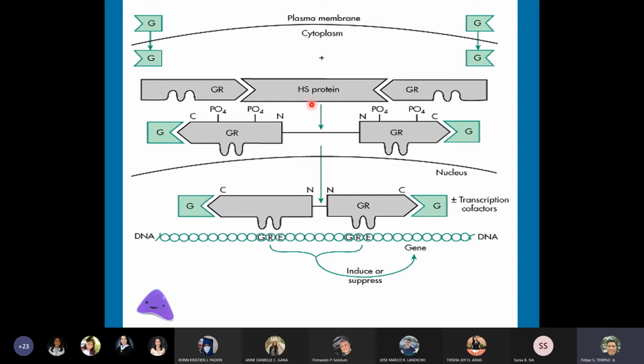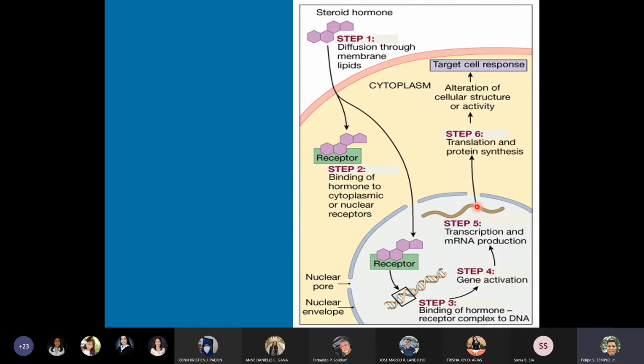So now we have your glucocorticoid and glucocorticoid receptor complex, and this complex will diffuse inside the nucleus, and thus do the effects. They can alter your transcription, and that would cause translation, and in turn produce specific genes that would cause different effects in the body.